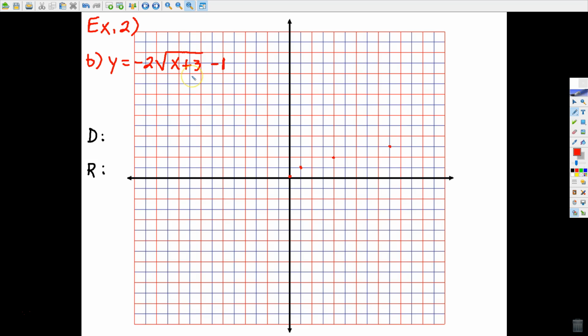The +3 tells me to go where? Left 3, okay? And then the -1 tells me to go down 1. And so I've done all 3 of these transformations to the origin point, so I'm just going to erase it. Okay, so here I am at this parent point.